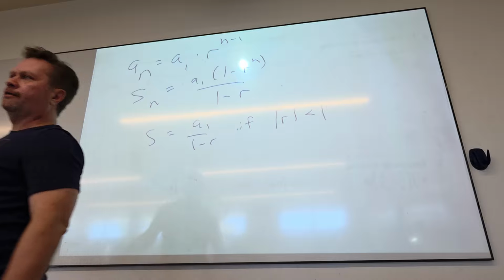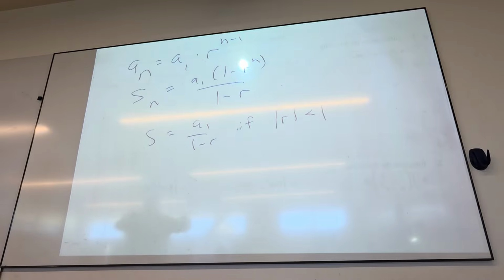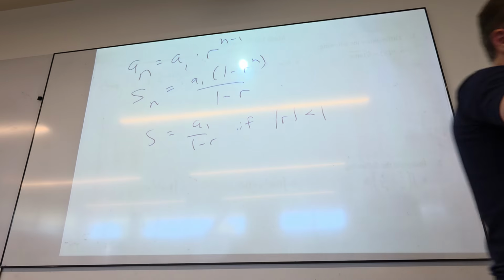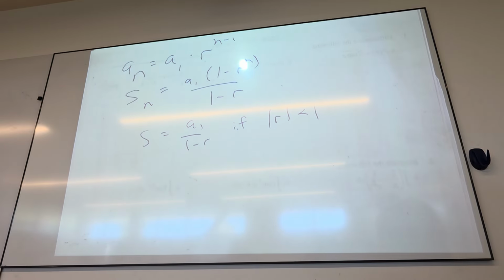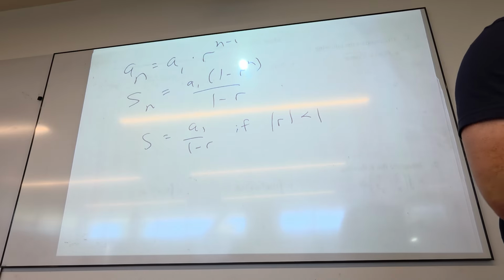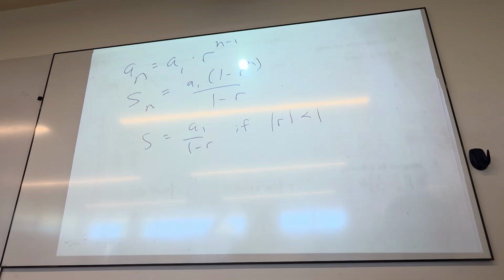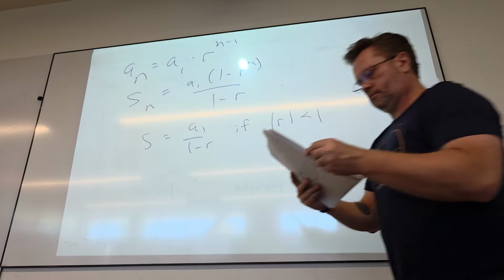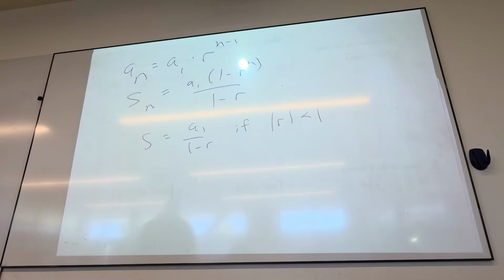Geometric series happens often enough in the natural world, in observations we make. We have to know how to work with it. Have I said enough yet? Yes, I've said enough. So I want to let you guys work on this. Okay, good.